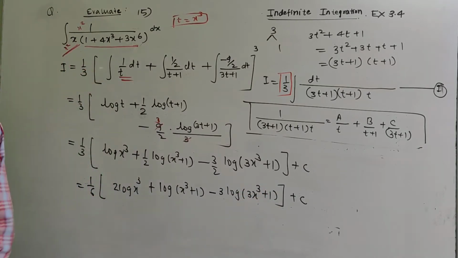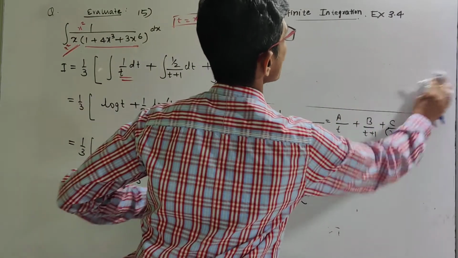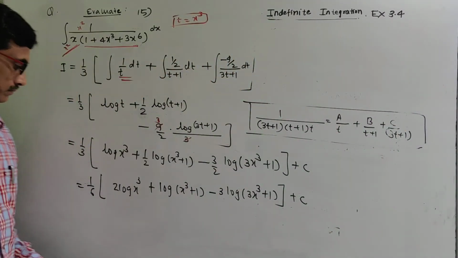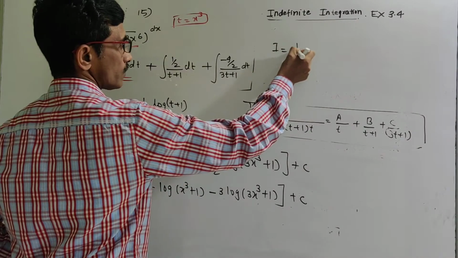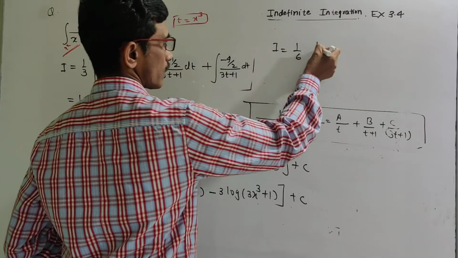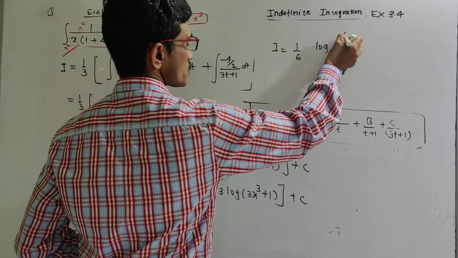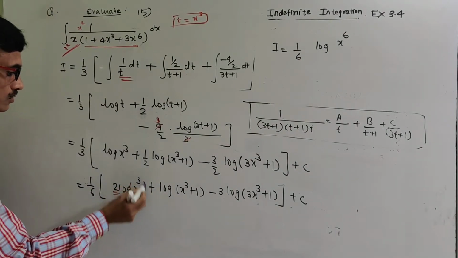So we can put the whole term as the complete answer in this form. 1 by 6 is outside, and integral I will be equal to 1 by 6 log of x raised to power 6. Why is it 6? Because here it is multiplied by 2 and x raised to power 3.